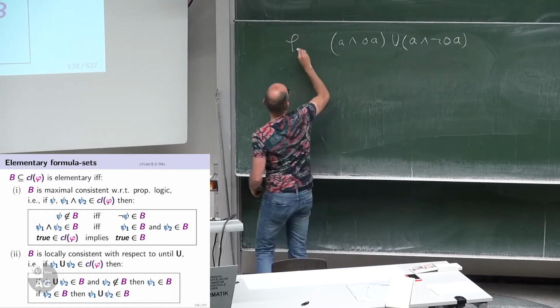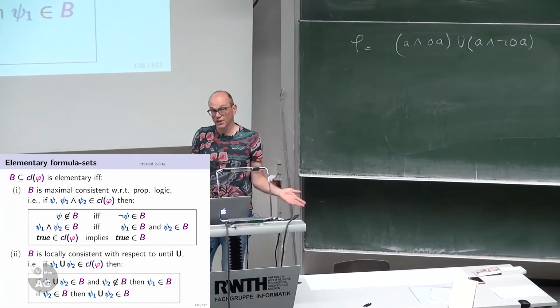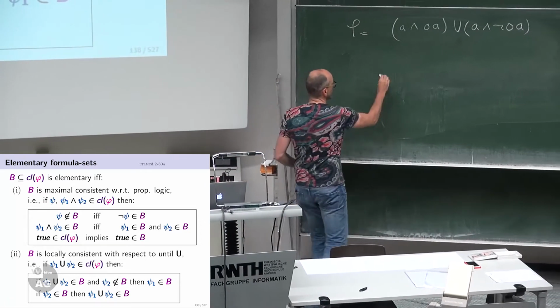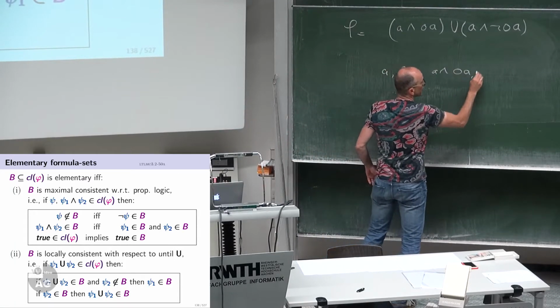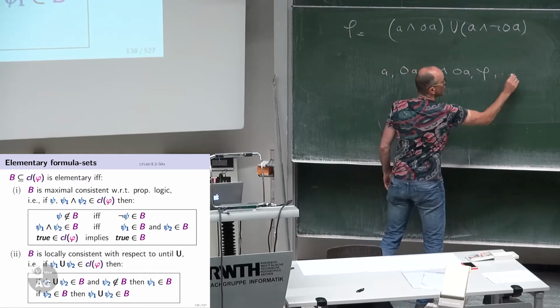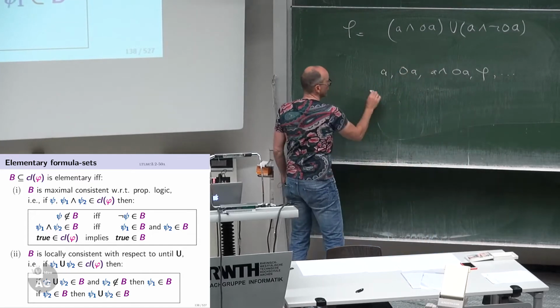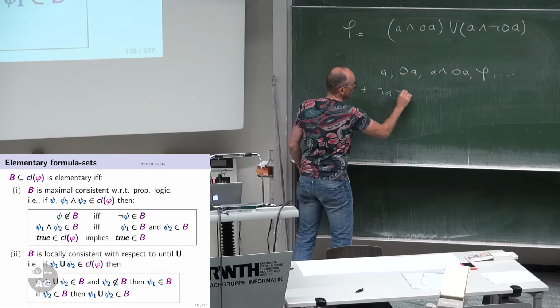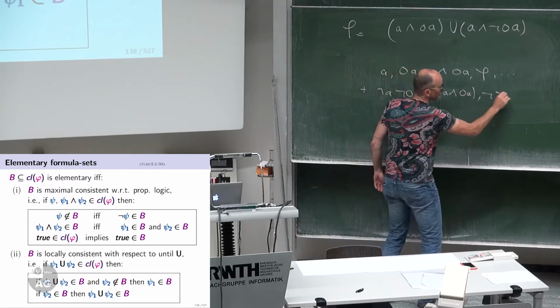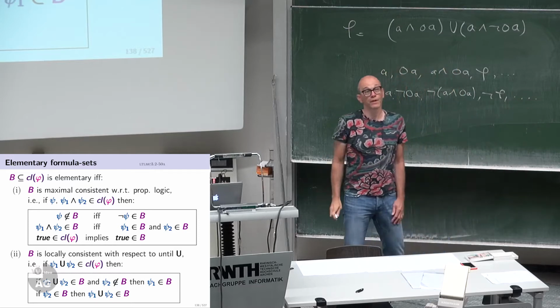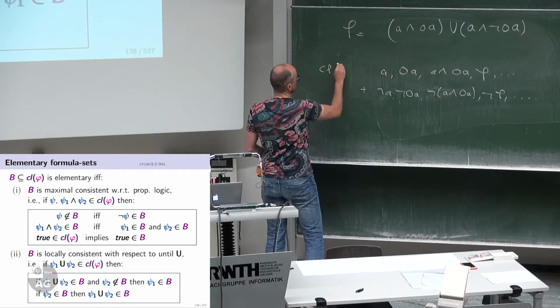If this is the input formula, we look at all its subformulas. So things like A, things like next A, things like A and next A, the whole formula, etc., plus their negations. So we also look at not A, not next A, not (A and next A), and not phi, etc. And we call this the closure of phi.